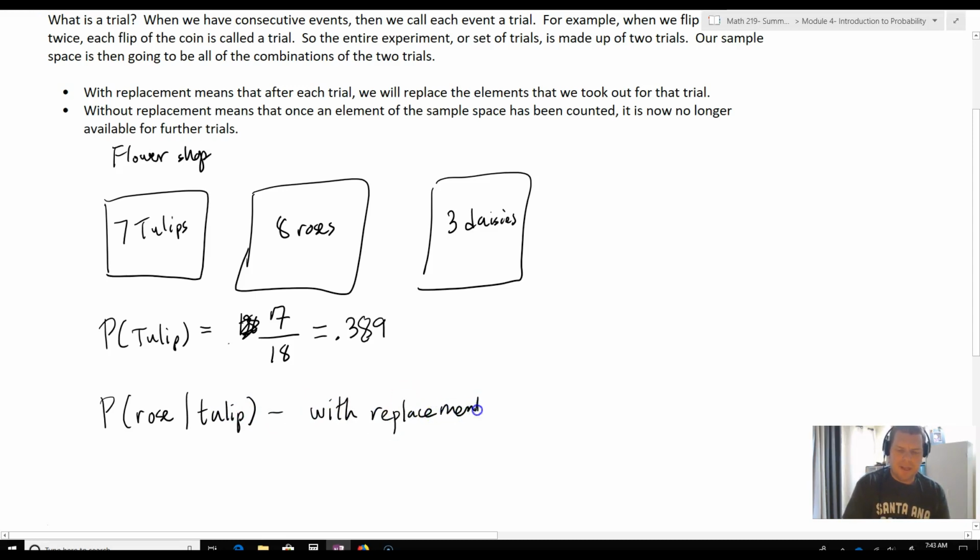So when we do with replacement, we go from 7 tulips to 6 tulips, and then we go back to 7 tulips because we're going to replace the tulip back in. So the probability of getting a rose is now 8 out of 18, because we have 18 total flowers still. We replaced the tulip back in, so there's 18 of them.